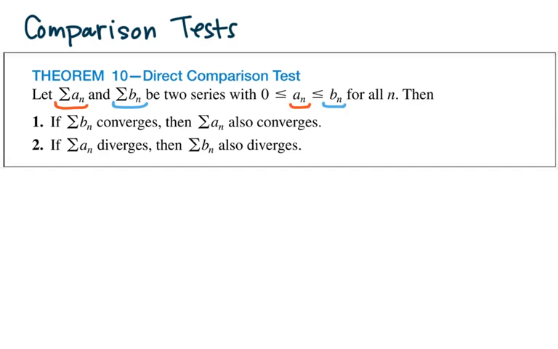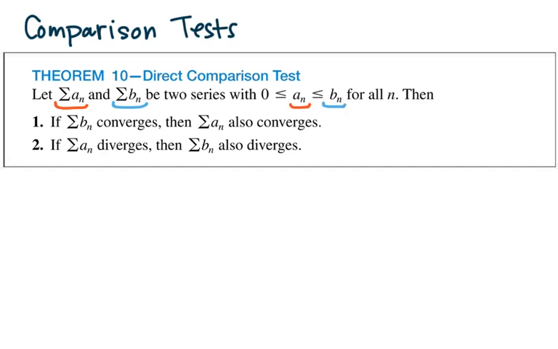And so what we can say, we've got two situations, and I'm not going to prove it for you because I think it makes pretty good sense, but if our sum for B converges, then our sum for A would also converge. And remember, A is smaller.